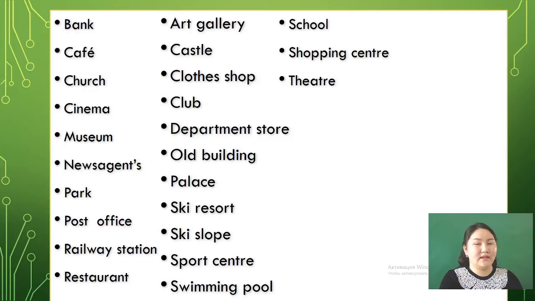They are bank, cafe, church, cinema, museum, newsagents, park, post office, railway station, restaurant, art gallery, castle, clothes shop, club, department store, old building, palace, ski resort, ski slope, sports center, swimming pool, school, shopping center, and theater.